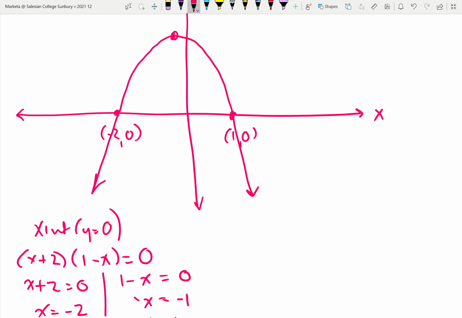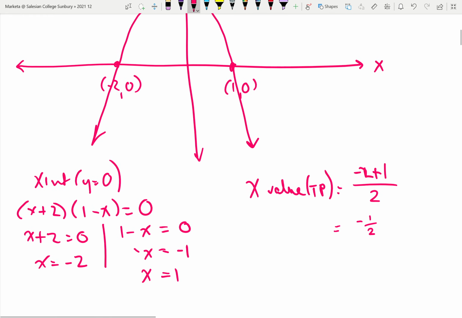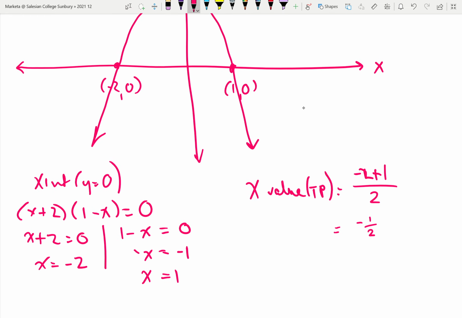The turning point is going to be in the middle of the two x values, so the x value of the turning point is going to be -2 plus 1 over 2. -2 plus 1 is -1/2. And then to find the y value, we can just sub that in.